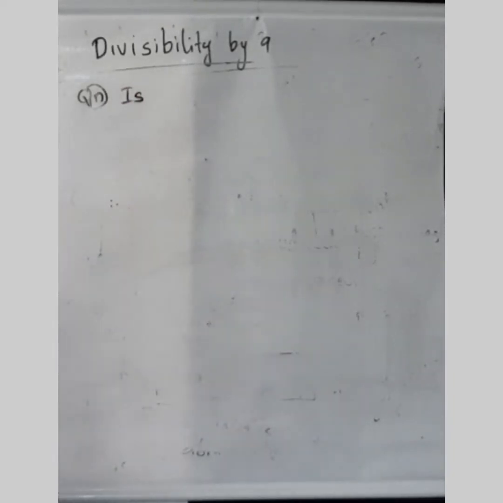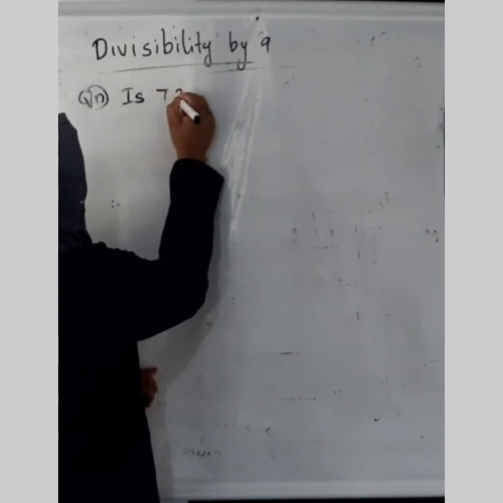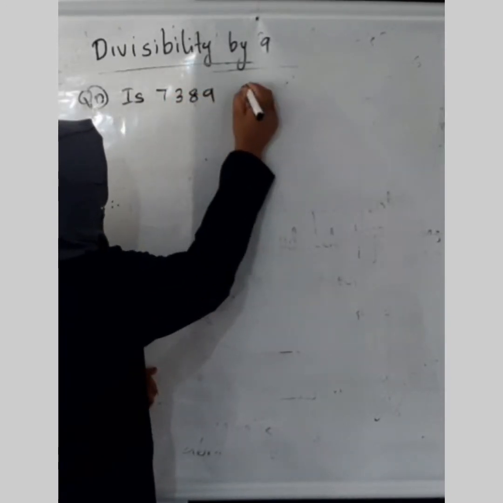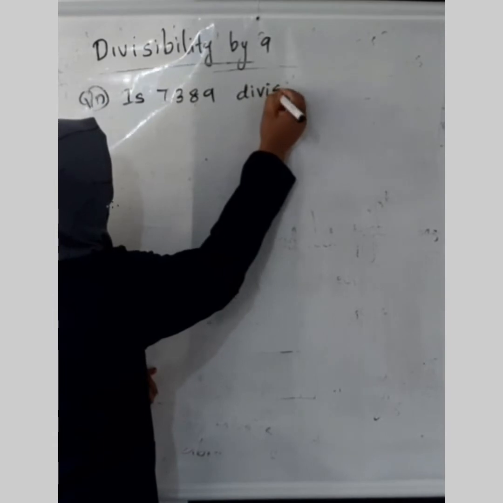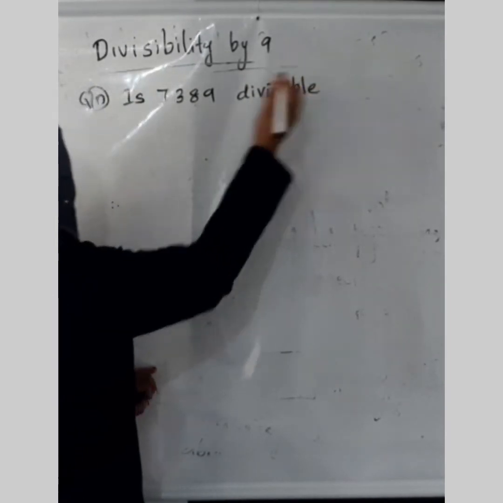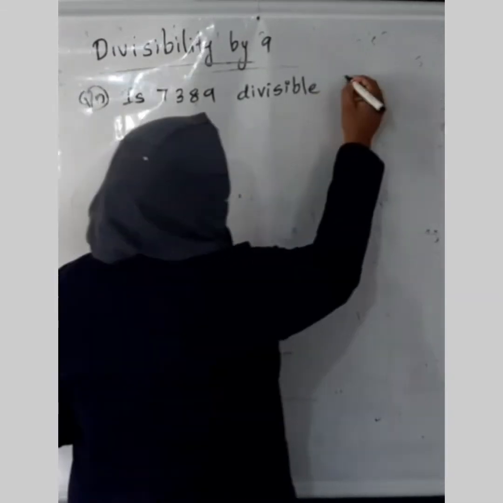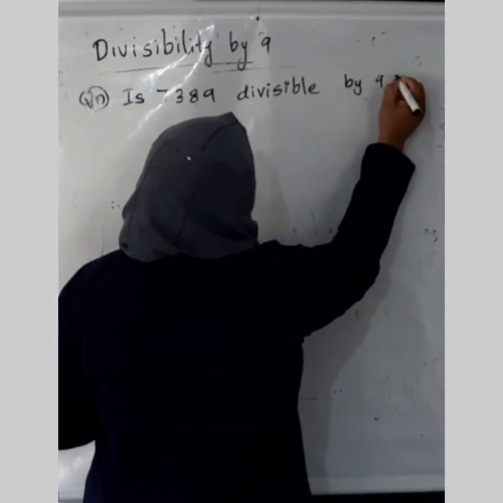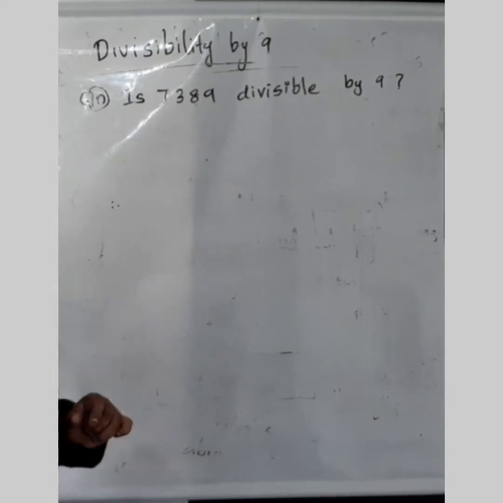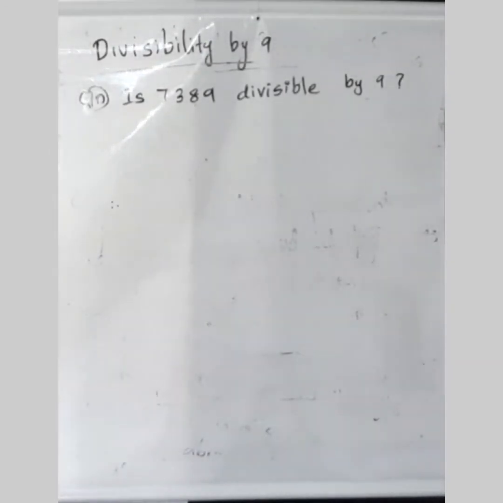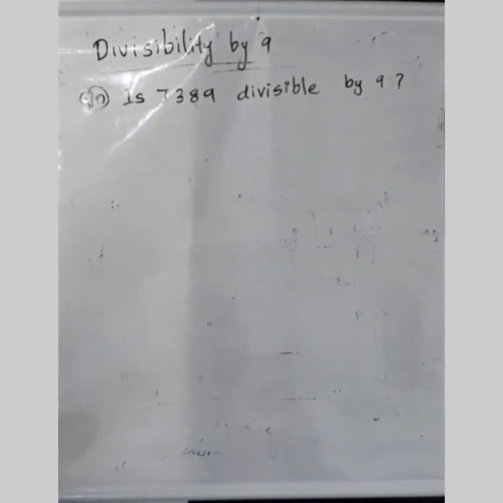Is 7,389 divisible by 9? So what we have to find here? We have to find the sum of the digits.